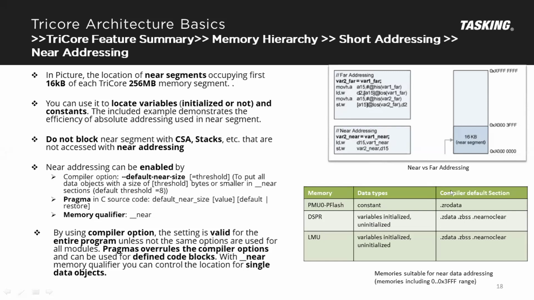And here you could find the compiler default sections. You will find them inside something called map files that are generated by the compiler. This is the section name for such data and for such memories. As I mentioned, this is a really very fast accessing mode, and it is a pity to save some structures here that are not accessed with near addressing, for example CSA, the context save area, or the stacks.